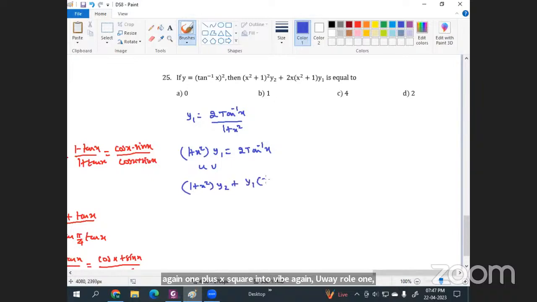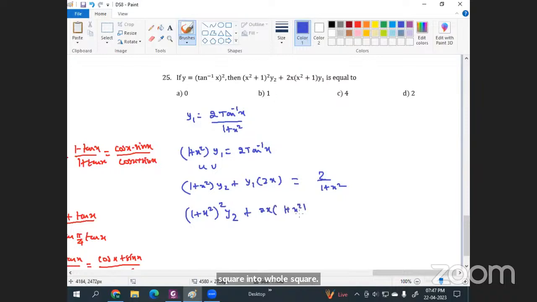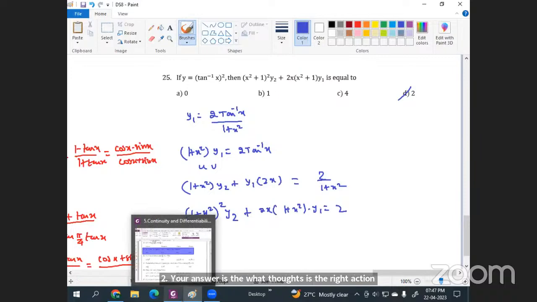Again y1 into the derivative of 1 plus x square is 2x. And then 2 by 1 plus x square, cross multiply, we get 1 plus x square whole square y2 and 2x into 1 plus x square into y1 equal to 2. Your answer is the fourth option. Fourth option is the right option. Right? Next.